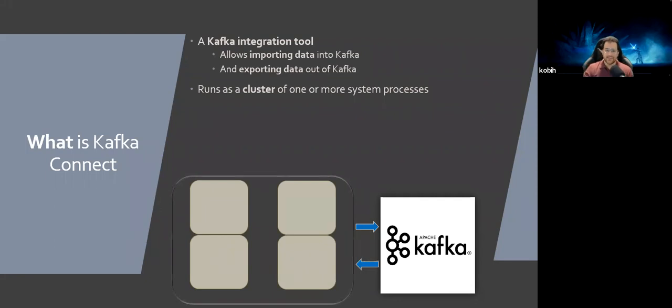Kafka Connect runs as a cluster of one or more system processes. Each process is referred to as a worker. Now, some of you coming from the world of Storm will notice that the terms and the grouping are very similar, because some of the main contributors to the projects are the same people, by the way.